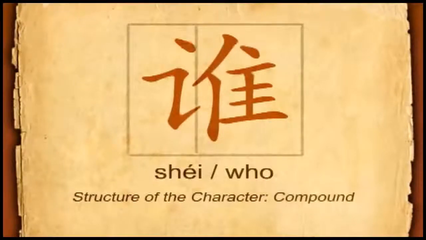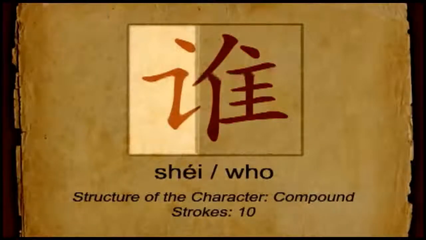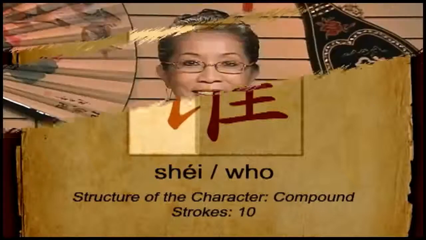Yes, compound structure. As you look at it, how many strokes are in 谁? There are 10 strokes in this character. Where is the radical for 谁? Yes, it's on the left part. It's a simplified form of 言, meaning speech. When you see this radical, the root word is related to speech or talking.